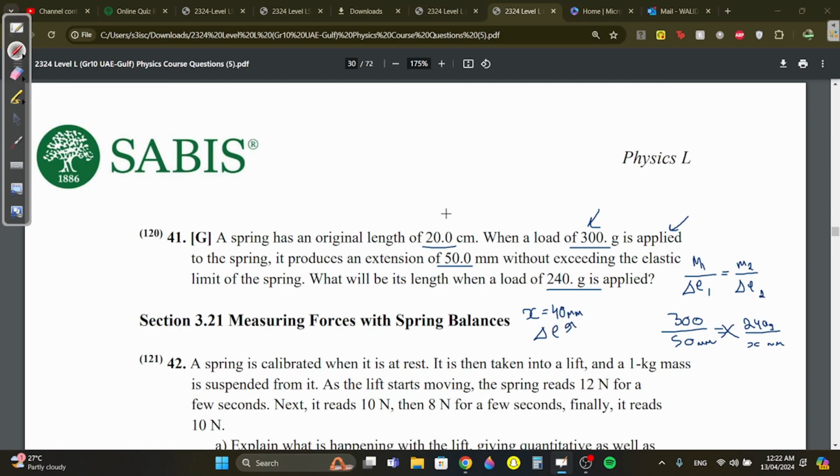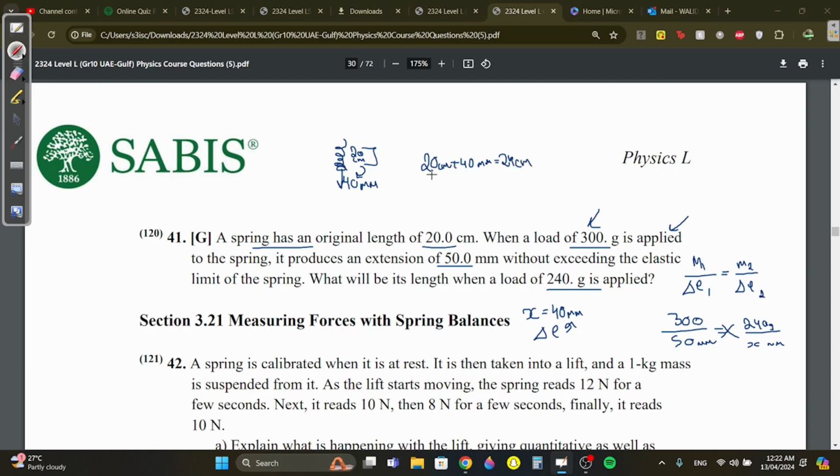So that means the spring is going to extend. Once we apply 240 grams, it's going to extend 40 millimeters. So what will the length be if the original length is 20 centimeters? Add that 40 millimeters, so 20 centimeters plus 40 millimeters, it's going to be 24 centimeters. What happened?